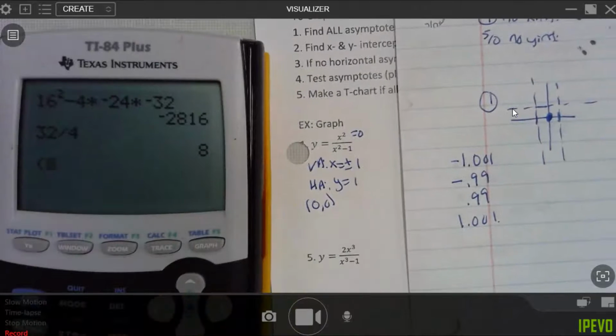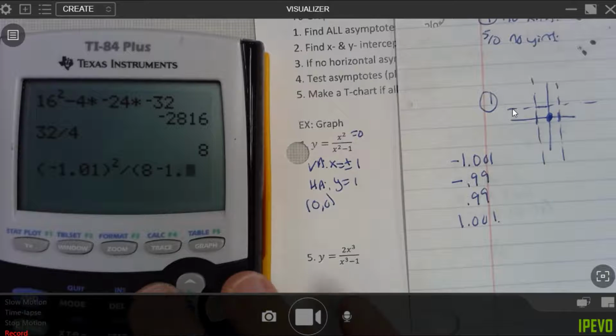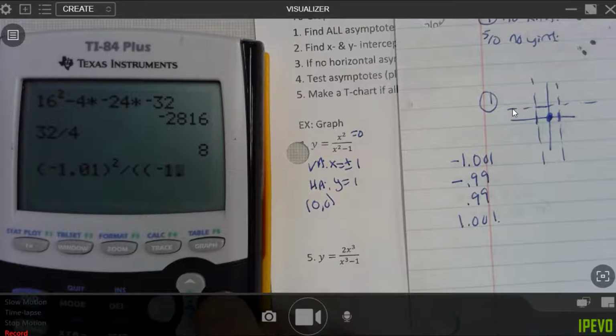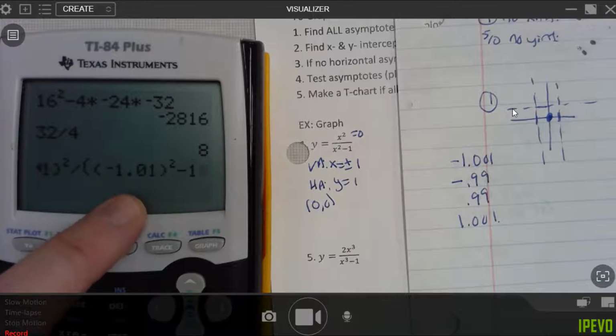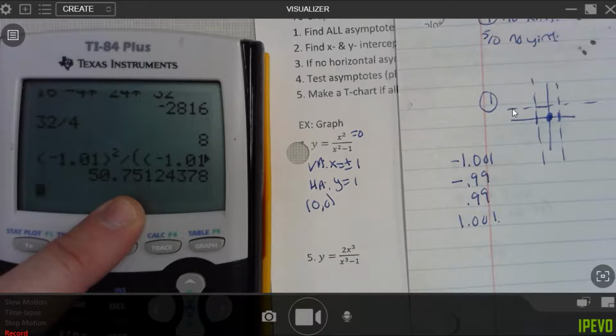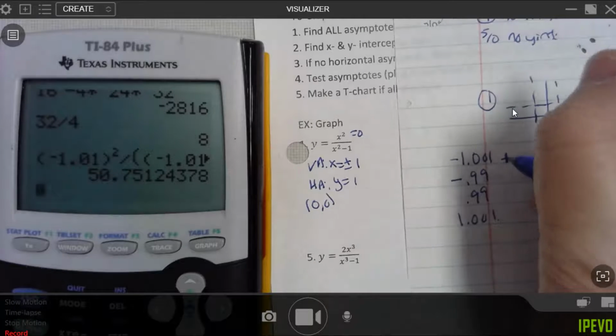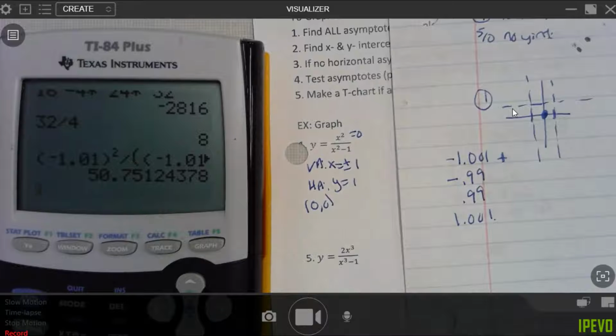So I would type in like negative 1.001 squared divided by negative. Make sure the whole bottom has a parenthesis around it if you're going to do it this way. So that's a positive number. Okay, so you can do that for all of your numbers.